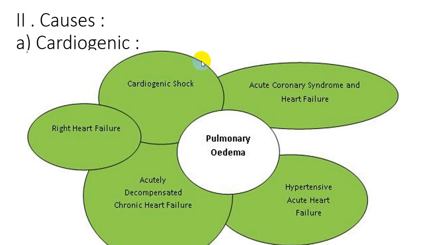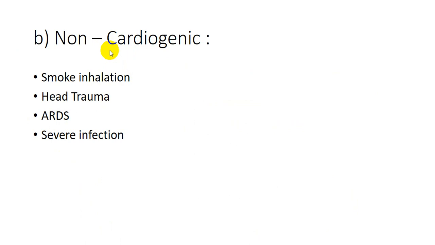And now you can see in the slide the causes of the disease. I separate them into two causes. The first is cardiogenic and the second is non-cardiogenic.